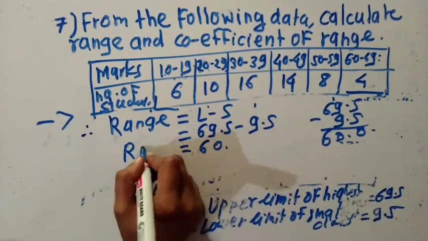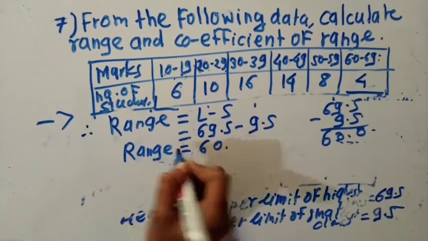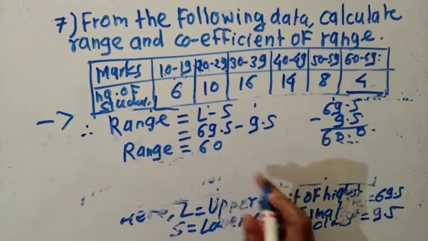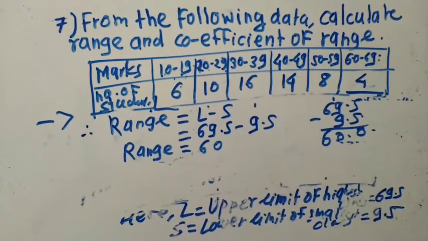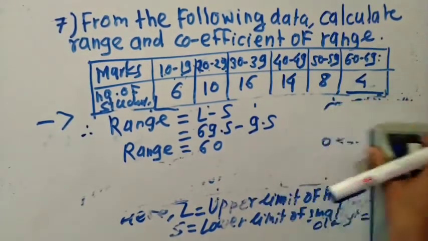So range of इथे 0 कन्सिडर करायचं नाही. 60.0 means 60. Then range is 60.